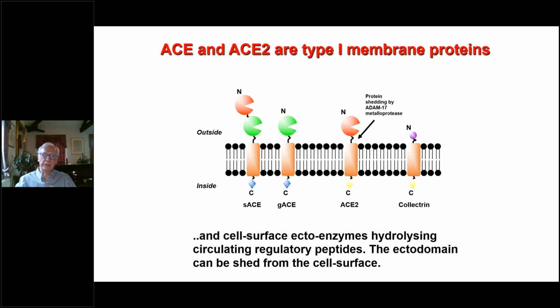In fact, for many years, it's been known that a soluble form of ACE exists in plasma, and that's derived from the membrane-bound form by proteolytic cleavage, and the same is true of ACE2, which can also be shed from the cell surface, in the case of ACE2 by a metalloprotease known as ADAM17.